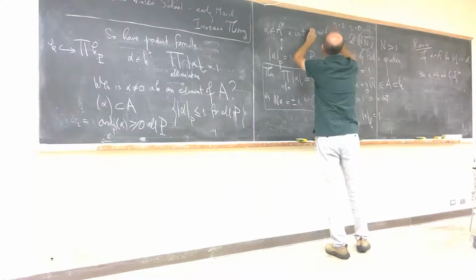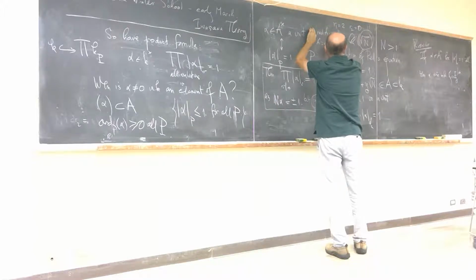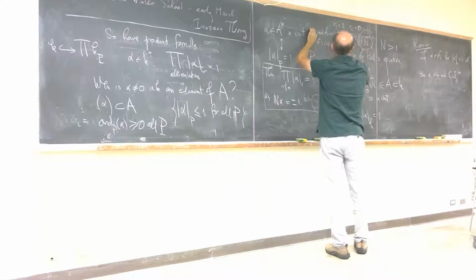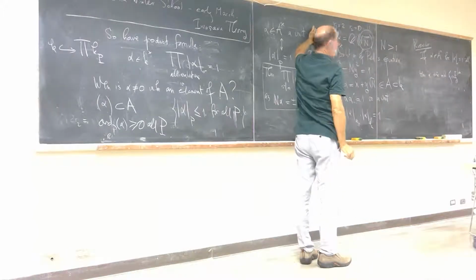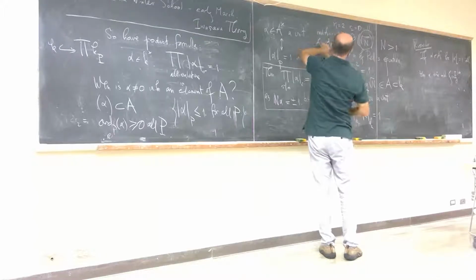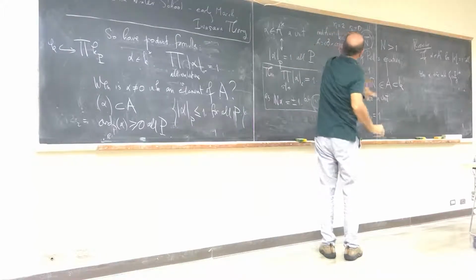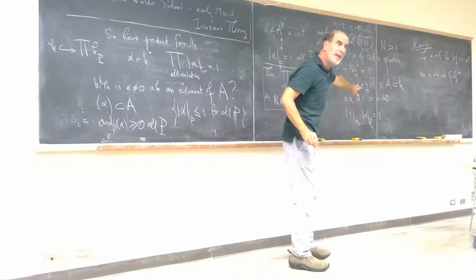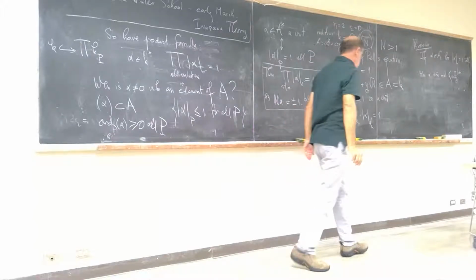And the rank of A star is 1, and in fact, A star is isomorphic to the powers of some unit epsilon, times plus or minus 1. The roots of unity are plus or minus 1 because it has a real embedding. So maybe epsilon to the z. And we know how to construct this epsilon. It's not exactly this, but one knows how to construct it with continued fractions.